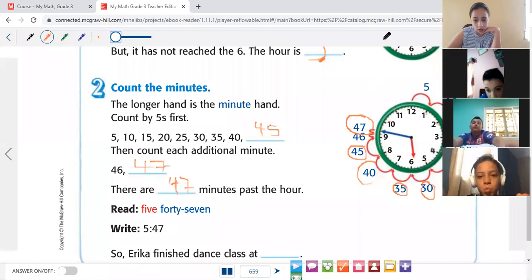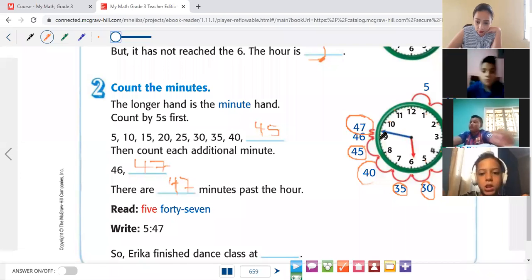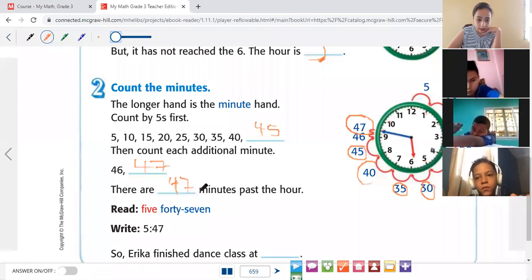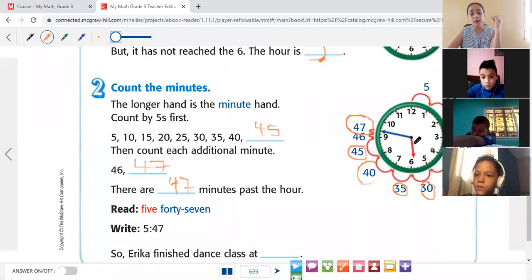So we count, I repeat, 45, 46, 47. The long hand is pointing to this little line, which means 47 minutes have passed, okay? So the short hand, I repeat, points to the hour, and the long hand points to the minutes, okay?